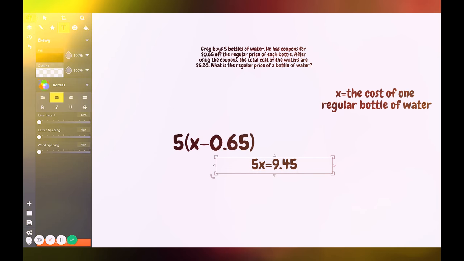Because the opposite of multiplying is dividing, we will divide 5 on both sides of the equation. The 5's cancel out and 9.45 divided by 5 leaves you with x equals $1.89.